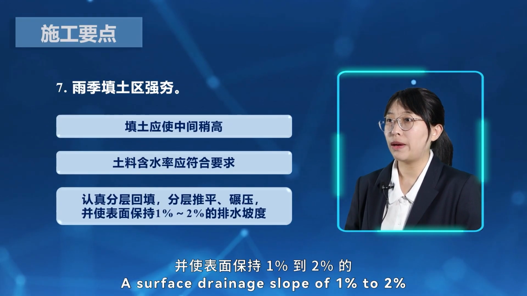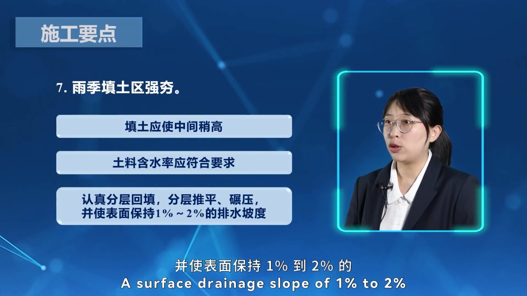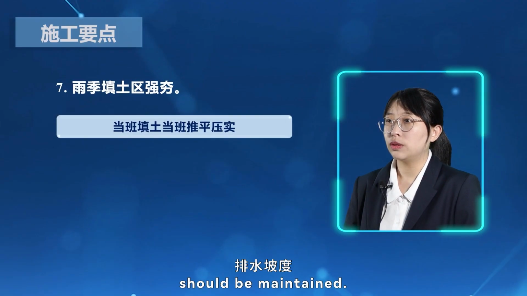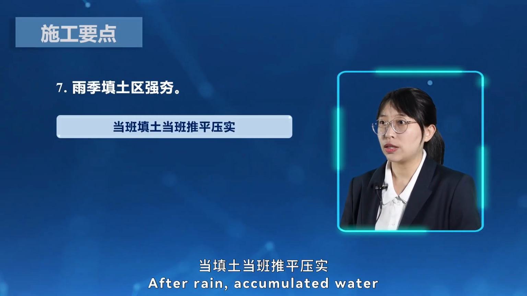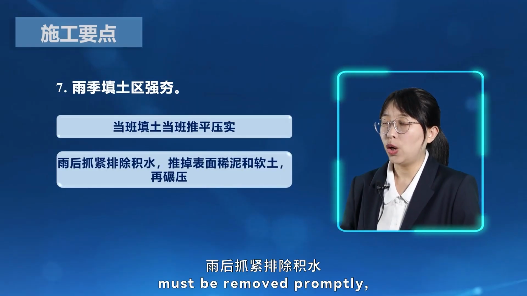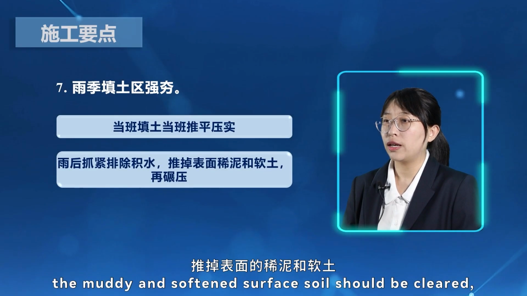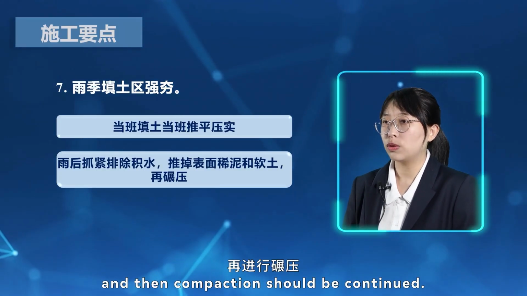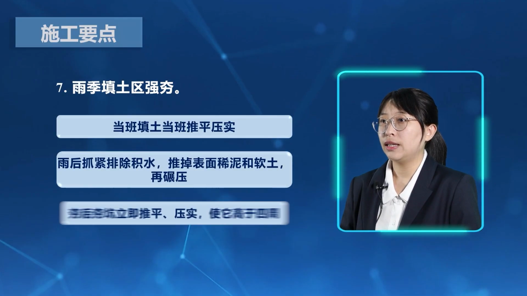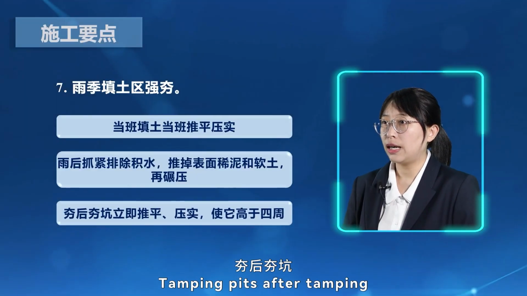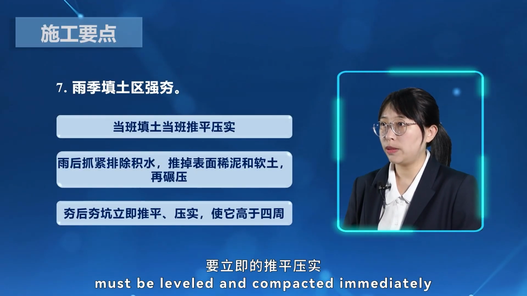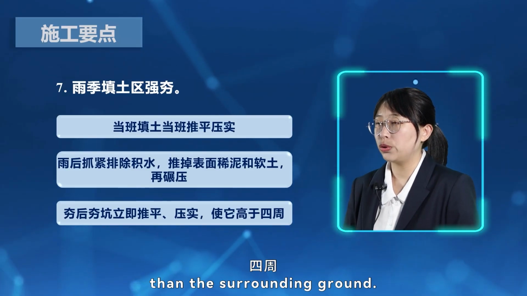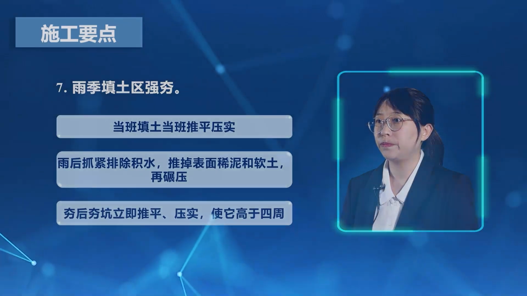A surface drainage slope of 1% to 2% should be maintained. After rain, accumulated water must be removed promptly. The muddy and softened surface soil should be cleared, and then compaction should be continued. Tamping pits after tamping must be leveled and compacted immediately so that they are slightly higher than the surrounding ground.